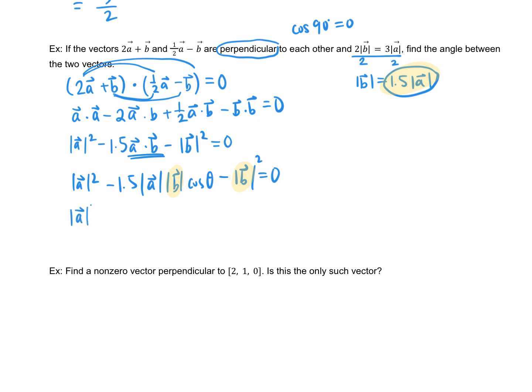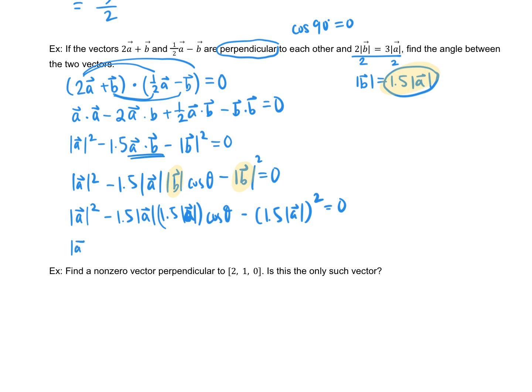So I'll have the magnitude of A squared minus 1.5 times the magnitude of A times 1.5 times the magnitude of A cos theta minus 1.5 times the magnitude of A squared should equal 0. Now I'm going to clean up a little bit.